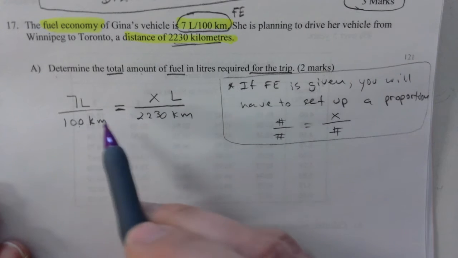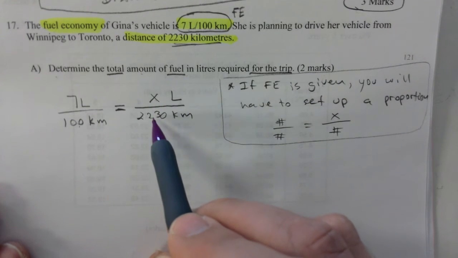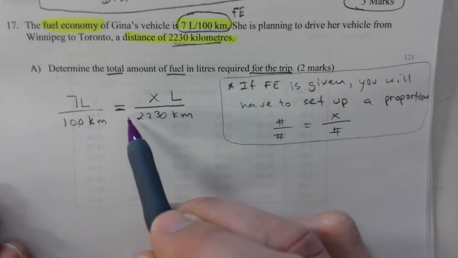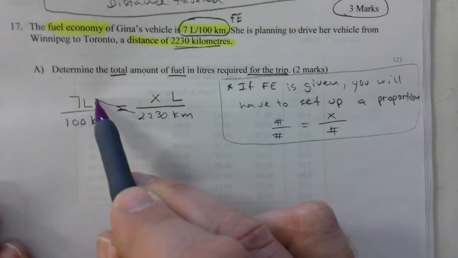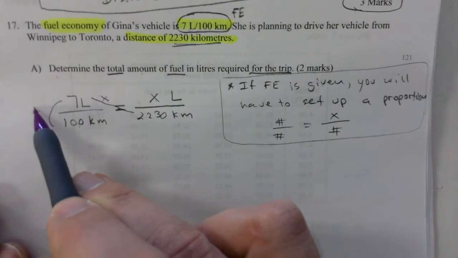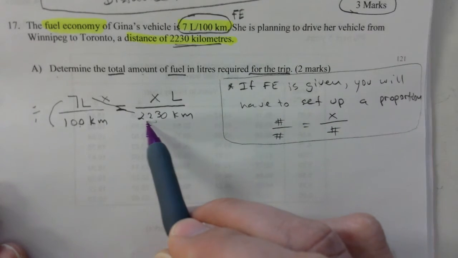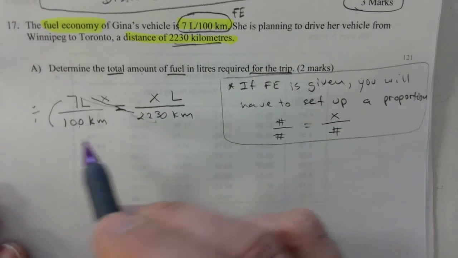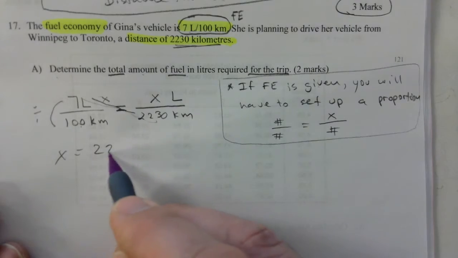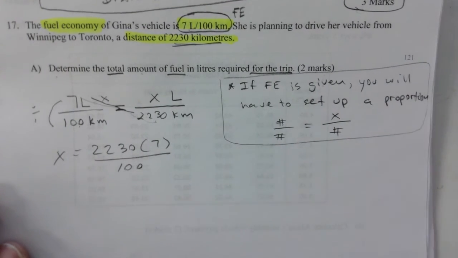And so in this case, you always start where your variable is. You start on this side where the X is. And then now you're going to go across, multiplying and dividing going down, right? So if the X is on this side, you start your journey with a number times divide. So it's 2230 times 7 divided by 100.